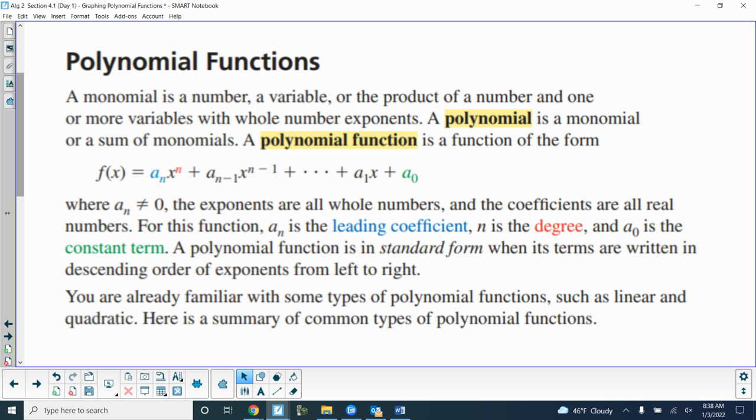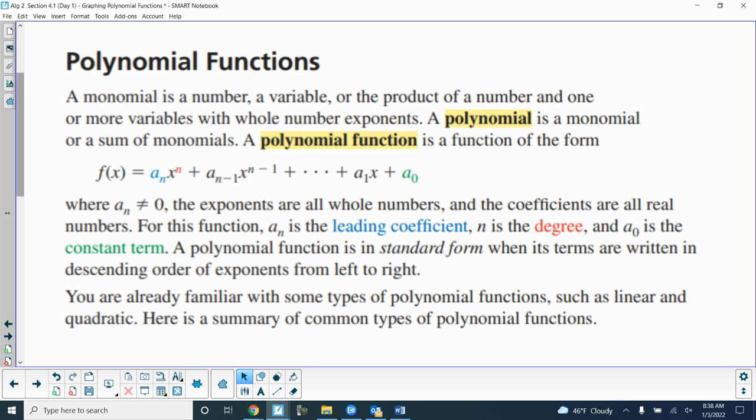A monomial is a number, a variable, or the product of a number and one or more variables with whole number exponents. Whole numbers are 0 and up. So we don't have any negative exponents for a monomial.